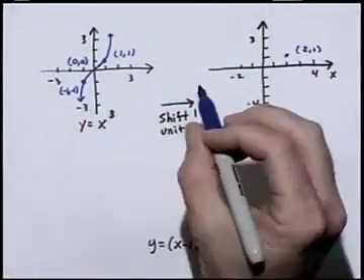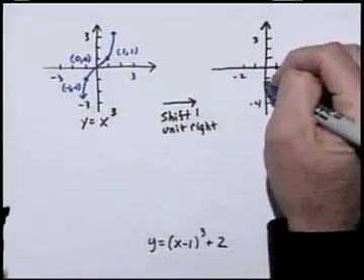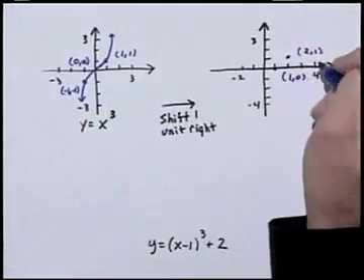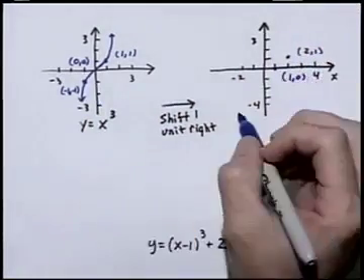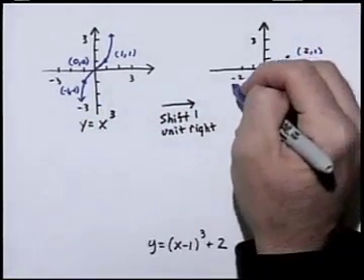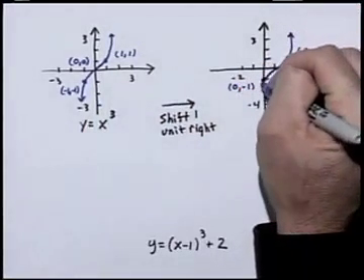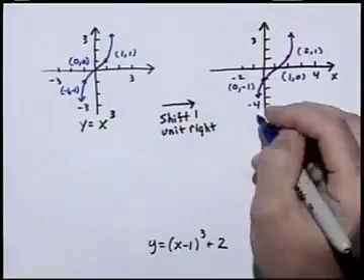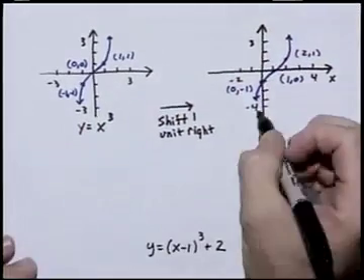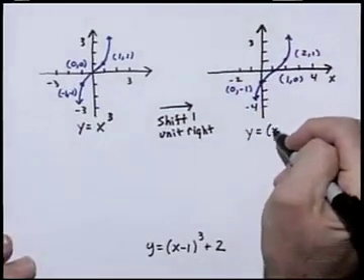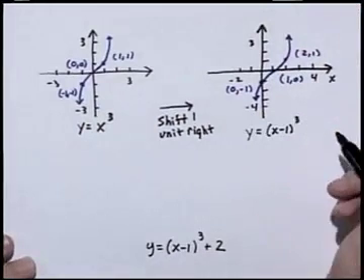Instead of (0, 0) being on the graph, it's now going to be (1, 0). Instead of (negative 1, negative 1), it's now going to be (0, negative 1). And then there is the graph of y equals (x minus 1) cubed.